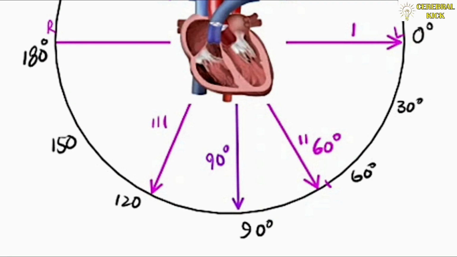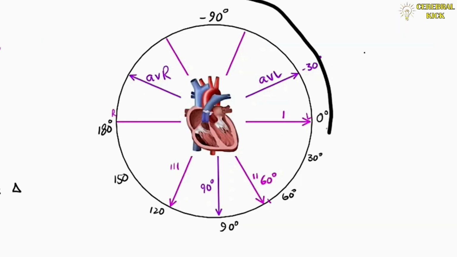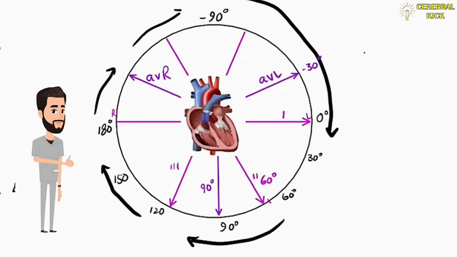For example, the AVF standing at 90 degrees, the purple colored AVF, is the average of lead 2 and lead 3. The lead 2 being at 60 degrees and lead 3 being at 20 degrees. And similar is the case for AVL and AVR. So in this way, through 6 limb leads, we have covered essentially the frontal axis of the heart.